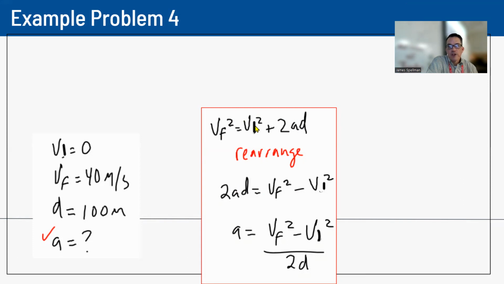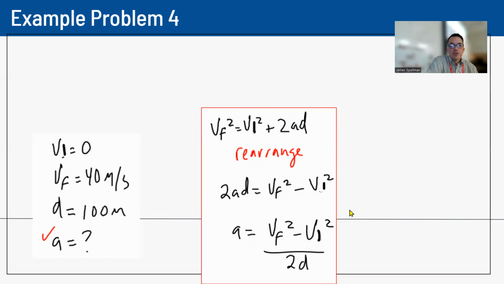If we subtract the VI squared out on both sides, we end up getting this left on one side. We need to get A by itself. So mathematically, we need to divide out the 2, and we need to divide out the D. So if we divide this side by 2D, we're left with A. And if we divide this side by 2D, our formula then changes to this. So this is the given formula. If we rearrange it, we can make it look like this.